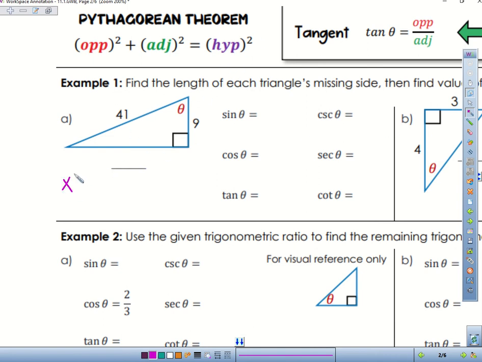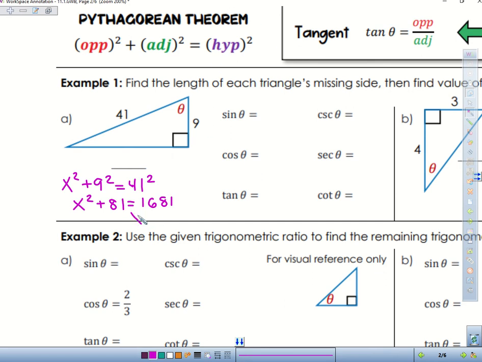So it's going to be x squared, x being the side I'm missing, plus 9 squared equals 41 squared. Now, could I have put 41 on the left side instead? Would that have mattered? Yeah, because hypotenuse has to be the one on its own, right? So remember, hypotenuse has to be the one it's equal to.